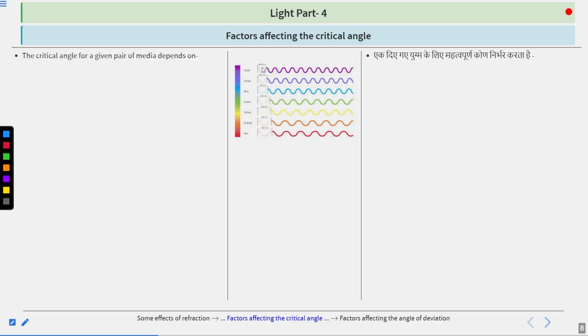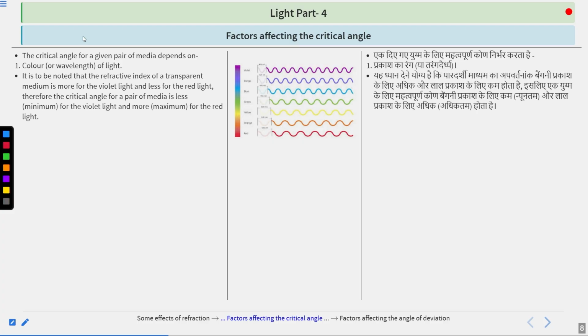Now, what are the factors affecting the critical angle? We know what is meant by the critical angle, and we have gone through it. Now it's time to go through the factors actually affecting it. The critical angle for a given pair of media depends on the color or wavelength of light.